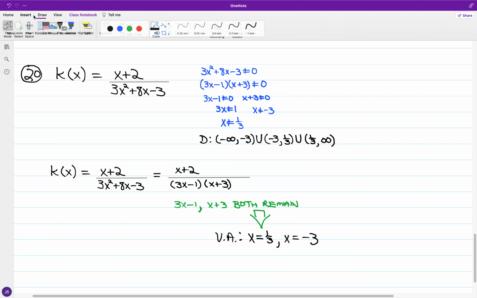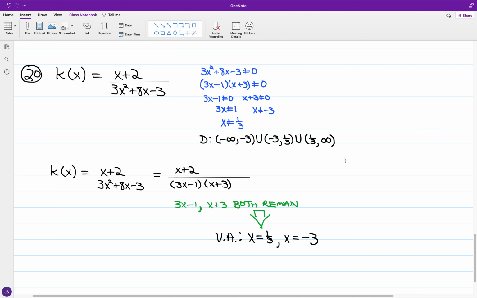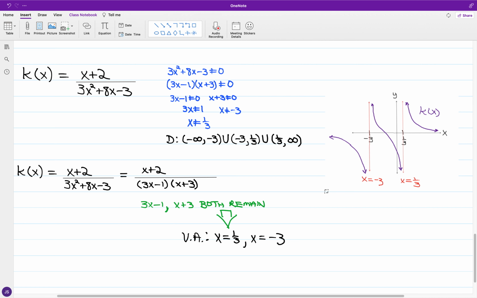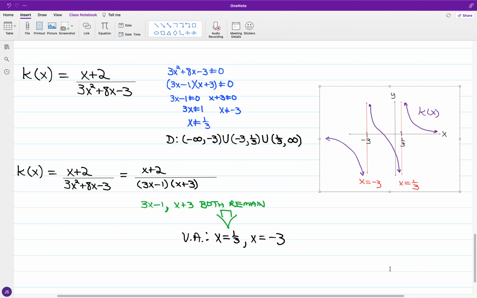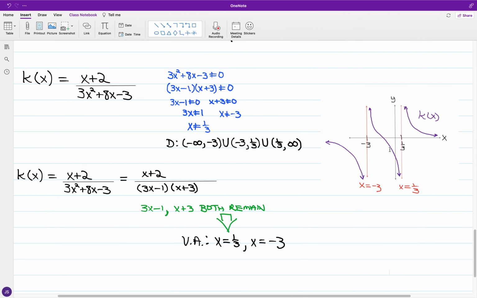And just looking at how the function is going to appear. Okay, so we've got two vertical asymptotes, and in terms of the nature of what we have for k of x, okay, it's going to split not into two, but this time around we're going to have three sections.